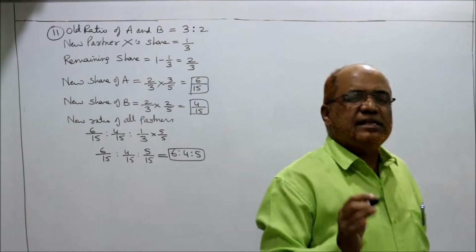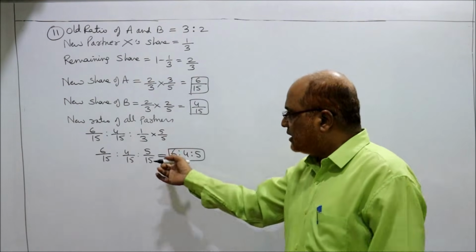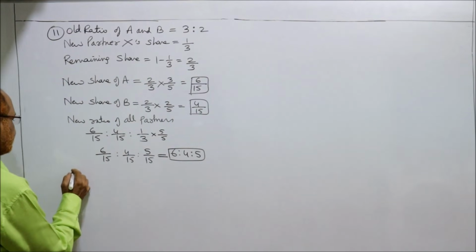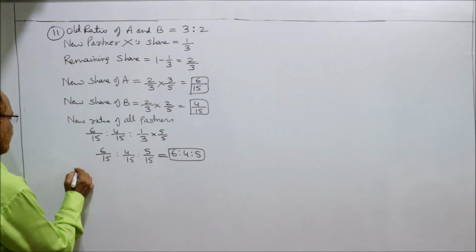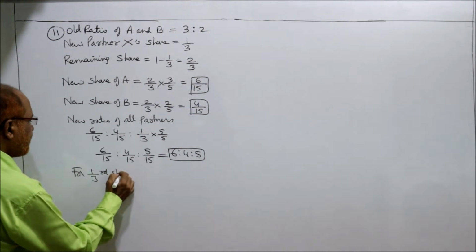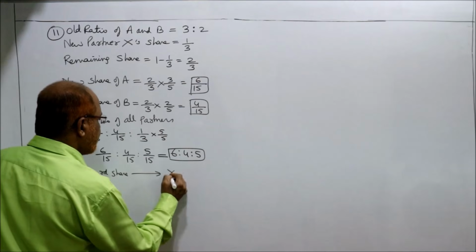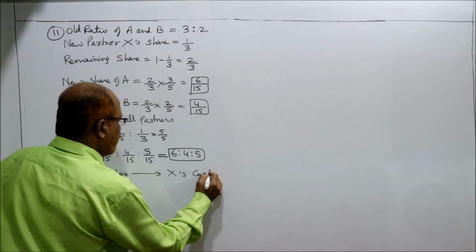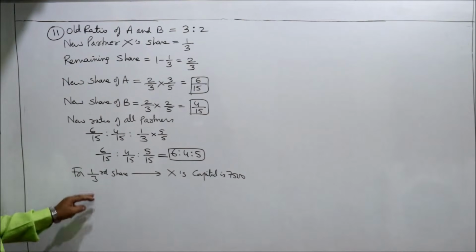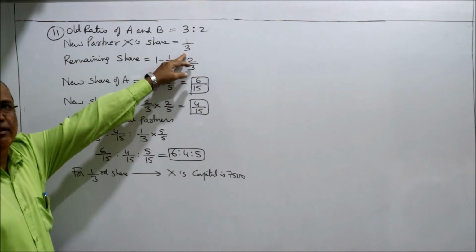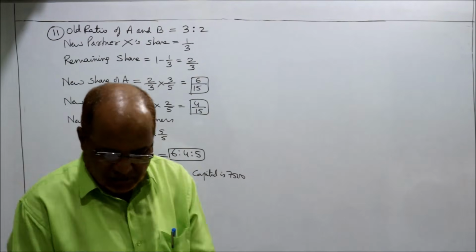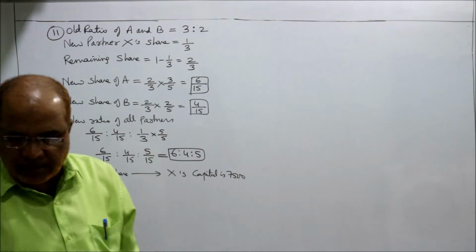Now old partners A and B's capital should be adjusted according to new profit sharing ratio. For 1/3 share, X's capital is 7,500. He is bringing in 7,500 rupees, right?